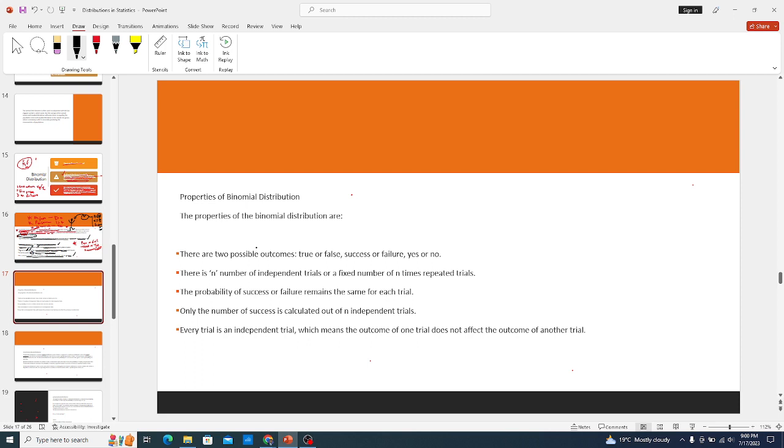The properties are like the assumptions which we made. For example, there are only two possible outcomes. In a binomial experiment, we only have two possible outcomes.